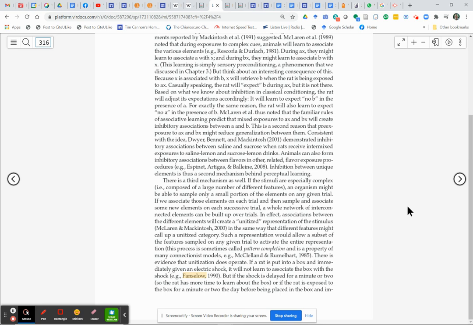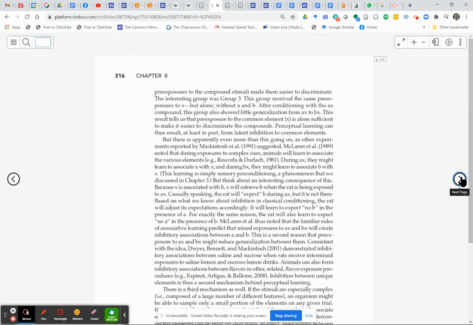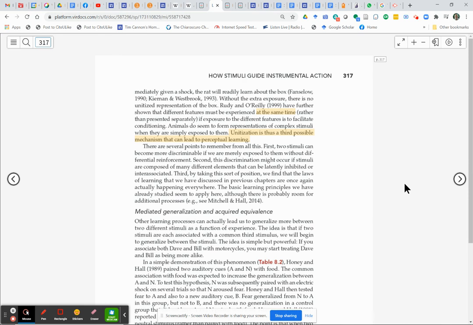And that's an interesting observation, that if you shock the animal as soon as they go into the shock box, they don't seem to learn to associate the box with shock or fear. But if you let them hang out a bit and process the cues, you do.